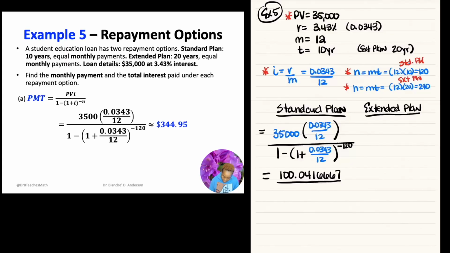When I put it in my calculator, I'm going to do 0.0343 divided by 12, add 1, raise that to the negative 120, and then take 1 minus that answer. Yep. Okay. I'll fix that.